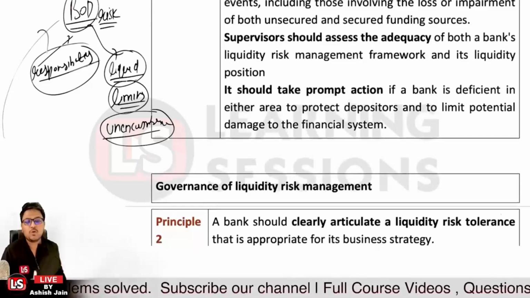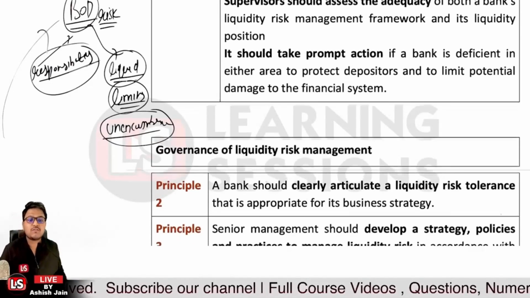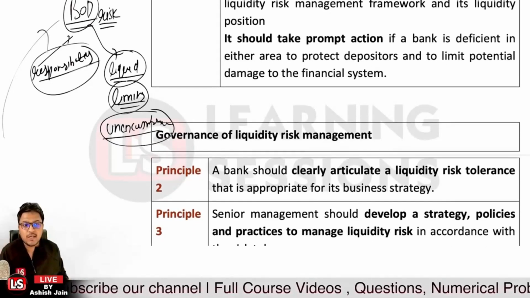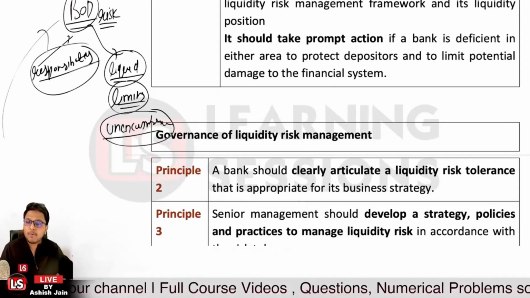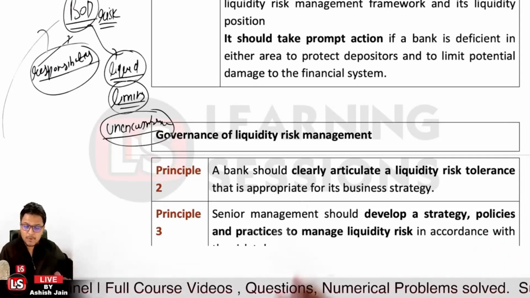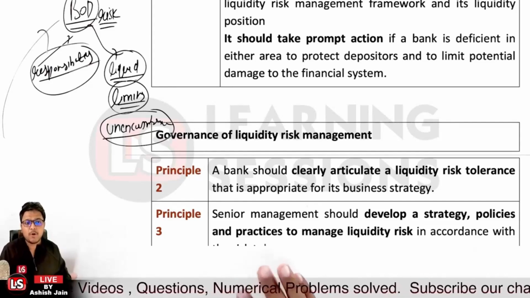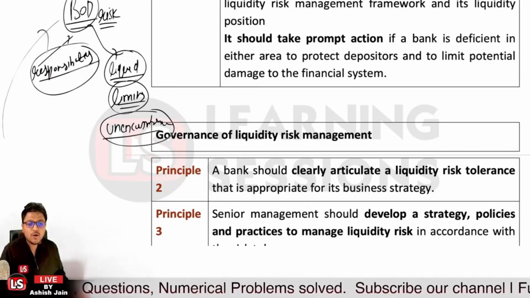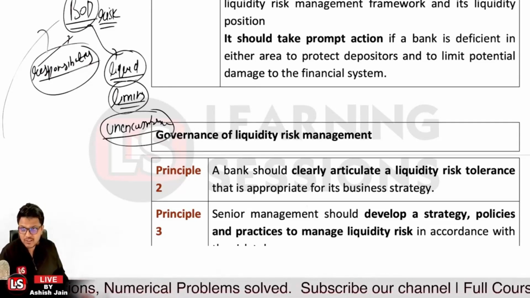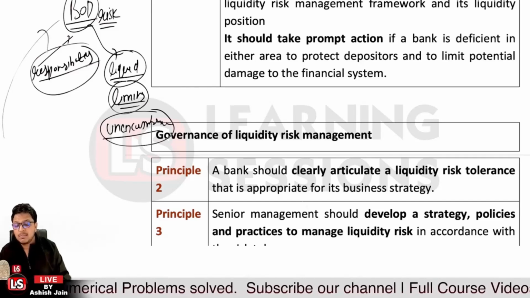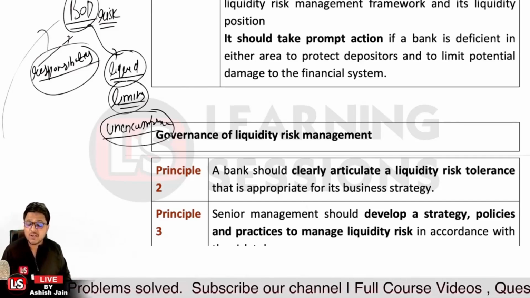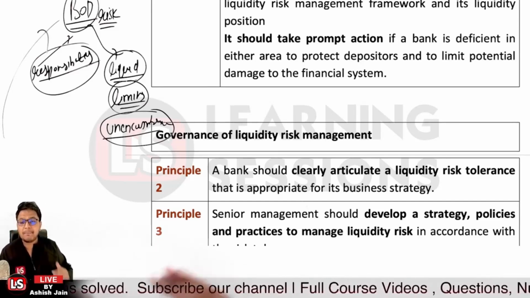Principle 2 is related to the governance of liquidity management. There must be a proper liquidity risk tolerance policy. There must be particular tolerance limits related to the bank strategy, that the bank can work upon as per its appetite.